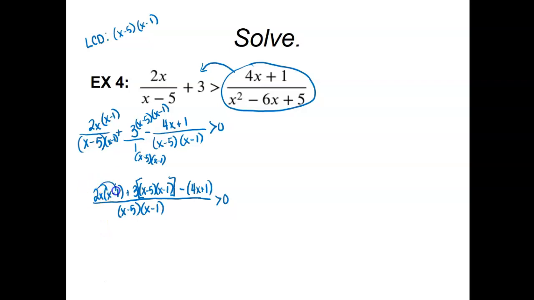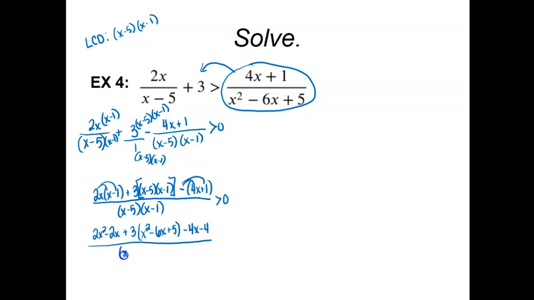So if you distribute here, you get 2x squared minus 2x plus, and then I'm just going to let that 3 hang out here, and I'm going to multiply these together. So I'll get x squared minus 6x plus 5 when I multiply those together, and then I'm going to distribute that negative there, so minus 4x minus 4.